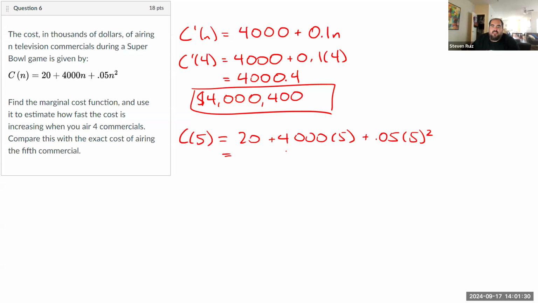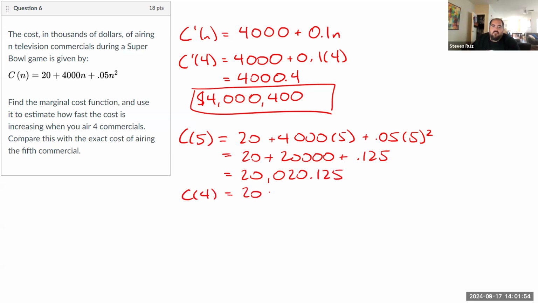So 20 plus 20,000 plus 25 times 0.05. That's 0.125, I believe. So what do we get? 20,020.125. And then C of 4 is equal to 20 plus 4,000 times 4 plus 0.05 times 4 squared.